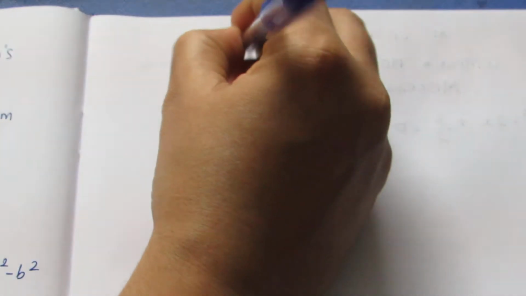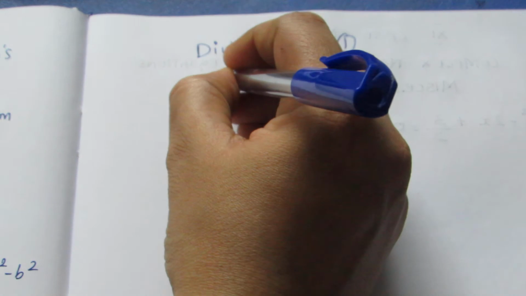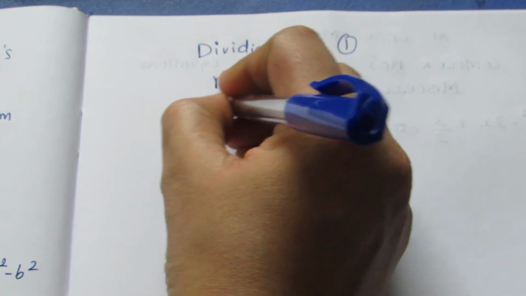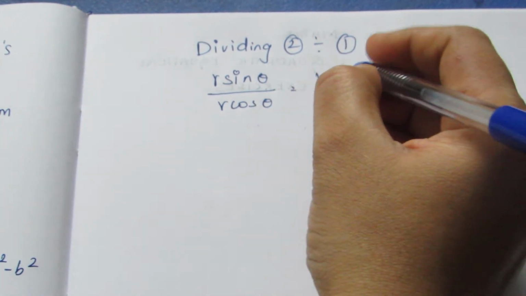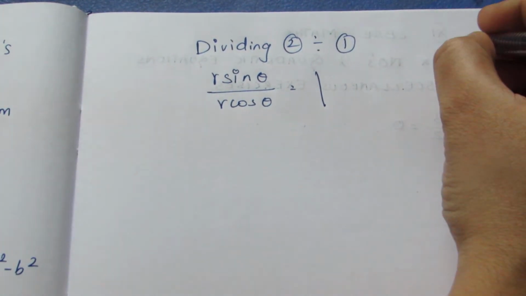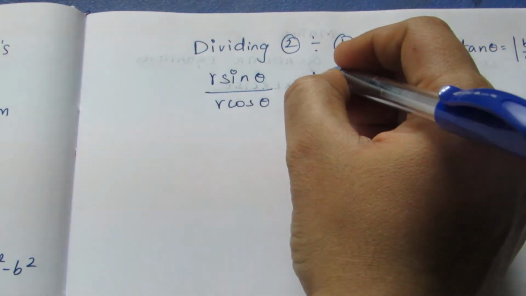So let's see now. Dividing equation 2 with equation 1, here it is r sin theta by r cos theta equal to the modulus of b by a. Here tan theta equals modulus b by a.